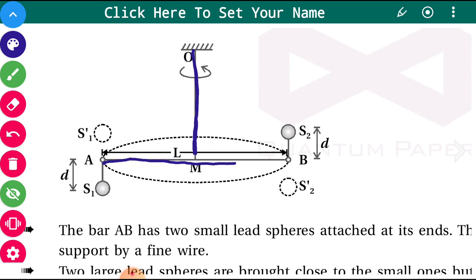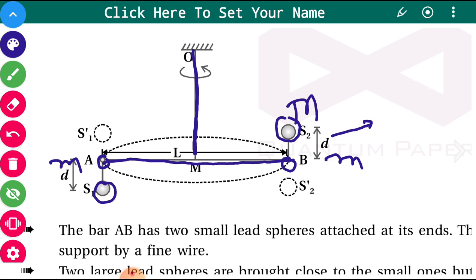AB is the rod, and the two ends have two equal masses, m. Now two large spheres are kept at distance d. You can see the distance between the small mass m and the big mass M is d. The mass of the big sphere is capital M.